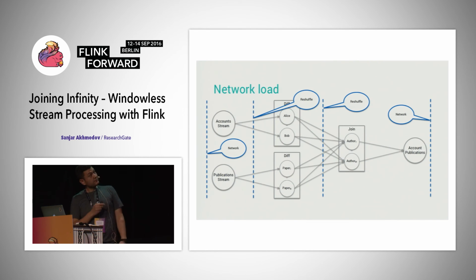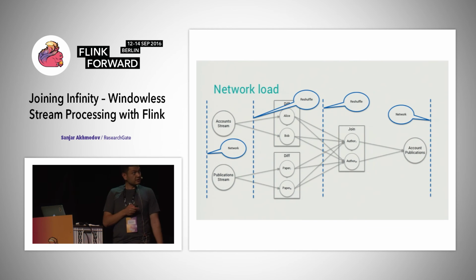Theoretically, the first reshuffle can be optimized away if Flink provides a way to say that yes, I want a keyed stream, and my data is pre-partitioned by key, which is the case for Kafka. If you use Kafka as change data capture, then it's already partitioned by key.